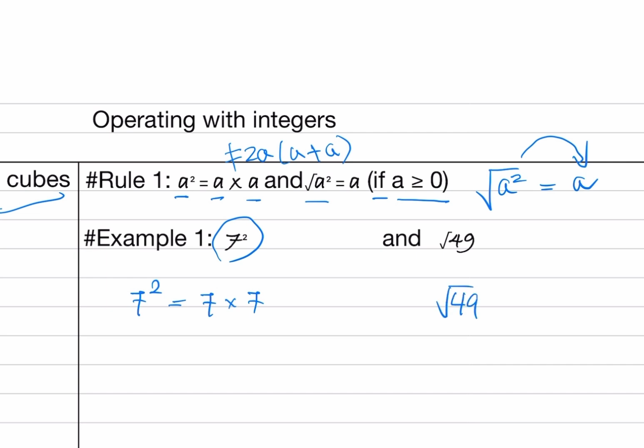Well, it's pretty simple as well. Something is doubled in here. So we know that the square root of 49 is equal to the square root of 7 square inside, and that gives us 7.